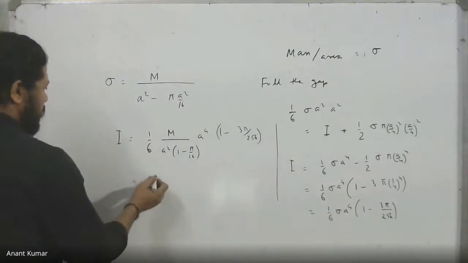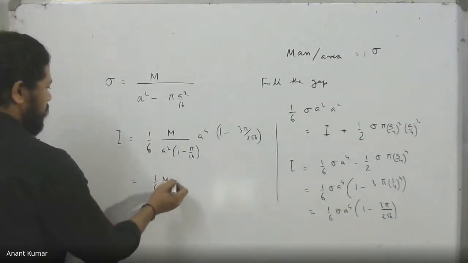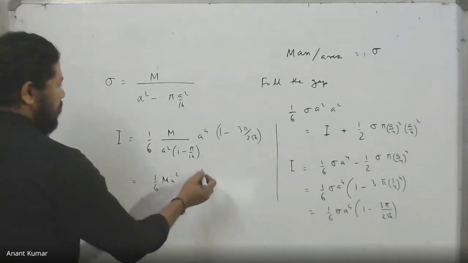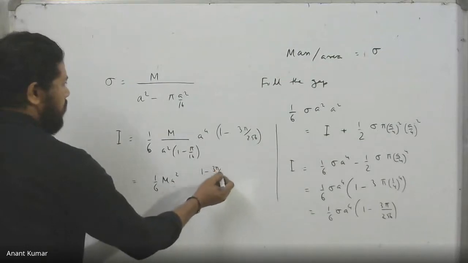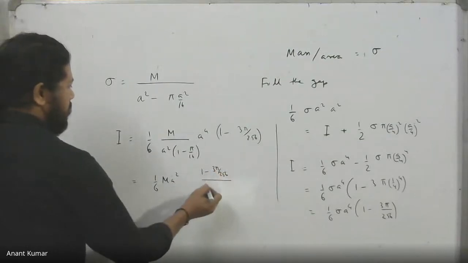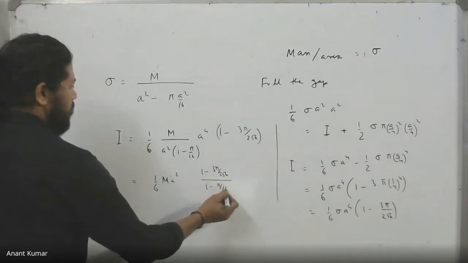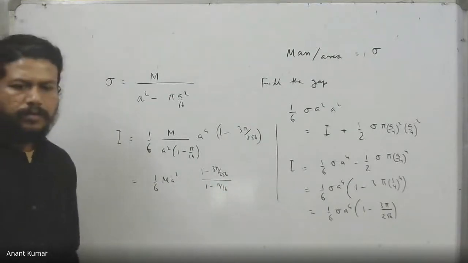So we end up ultimately with 1 by 6 ma square into 1 minus 3 pi by 256 upon 1 minus pi by 16. That's what we have.